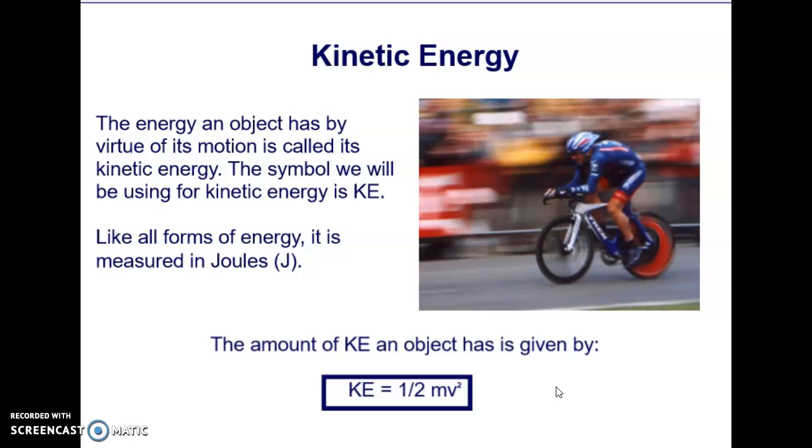Up to this point, we talked about different types of concepts related to energy. What I'm going to do right now is a quick review of what we talked about in the unit.